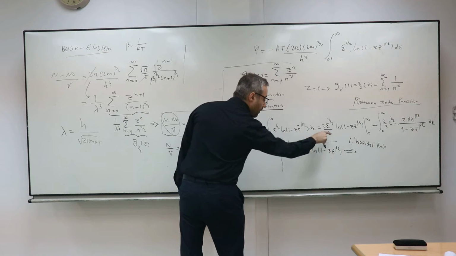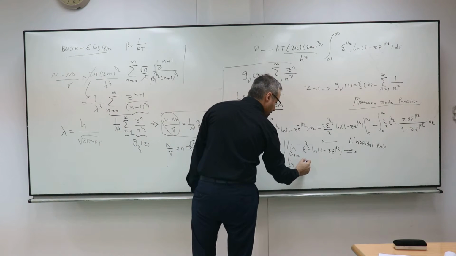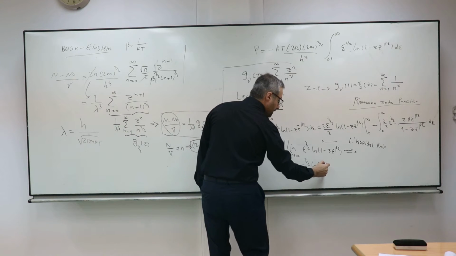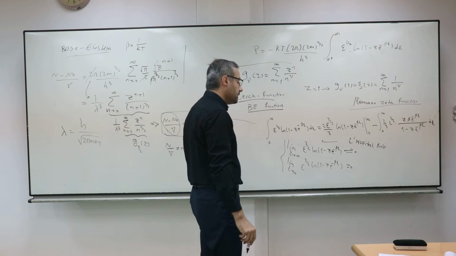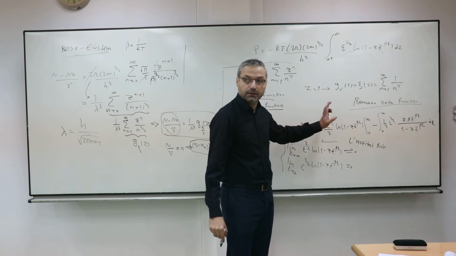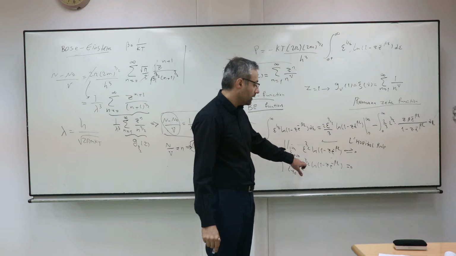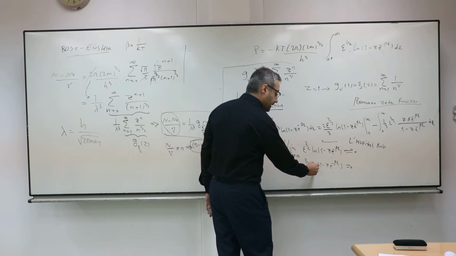And what about the lower limit 0? The limit as energy goes to 0 of e to the power 3 over 2, ln of 1 minus z e to the minus beta e, is also 0 for many reasons. One reason is that when e is 0, this is the logarithm of 1, and the logarithm of 1 is 0. I call it ln because it is the Napier logarithm.